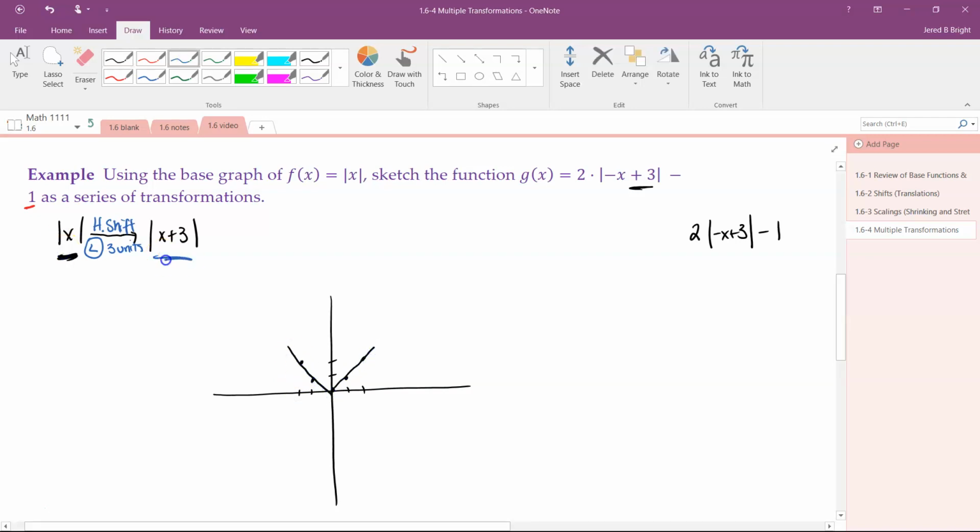This next one I'm going to graph in blue. So I shift it left 3 units. So I now have this point, 3 units there. Oh, I want blue. Okay, I have there, there, there, there, and here.